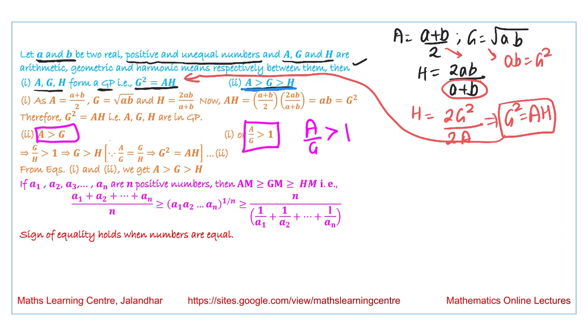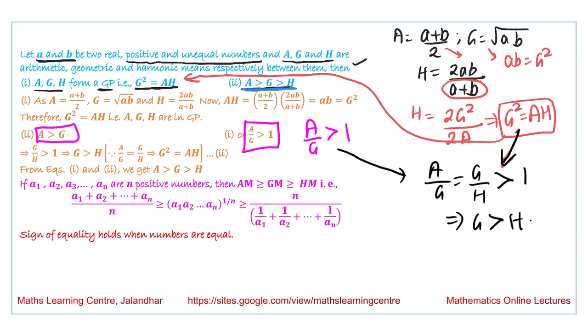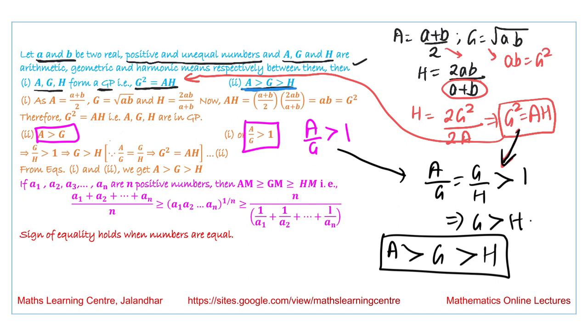Now from the result G square is equal to A into H, we see that A by G is equal to G by H, and combining both these results we obtain that G by H is greater than 1. So this implies that G is greater than H. Combining these results we obtain A is greater than G is greater than H, arithmetic mean is greater than geometric mean is greater than the harmonic mean.